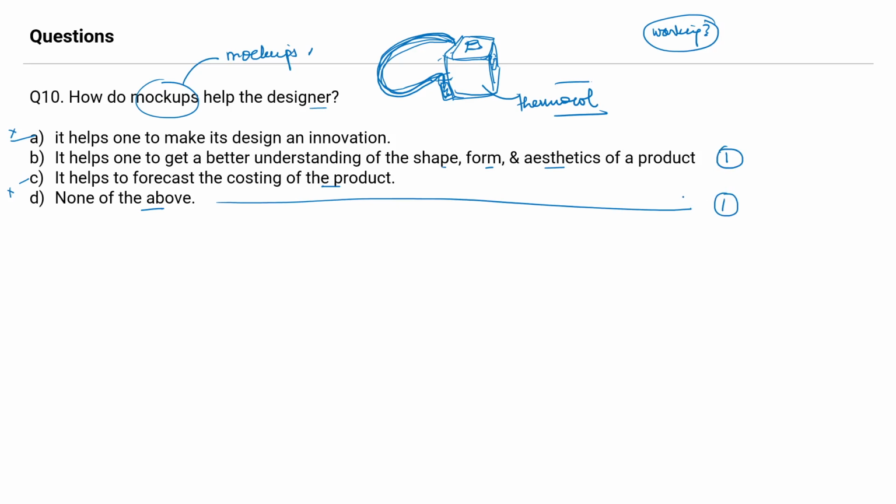The option B. Okay. Can you tell me why option B? I mean, we just found a reason that it should not be that, it should be none of the above. Those who voted for B, can you tell me the reason? Or if you can recall something from the content. Because mockups are not working.